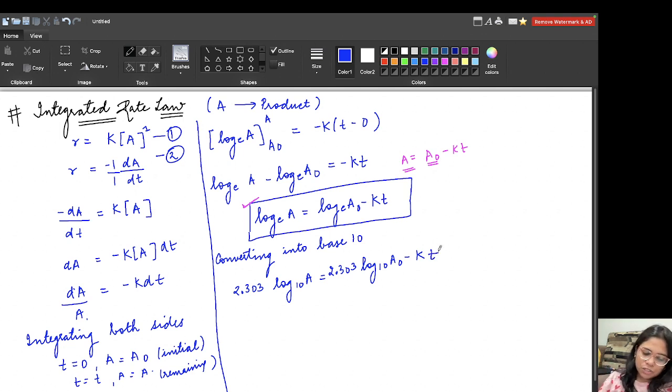Right? Now just divide this full equation by 2.303, and what will you get? Log base 10 of [A] will be equal to log base 10 of [A]0 minus Kt upon 2.303. This is your second equation which can be used.